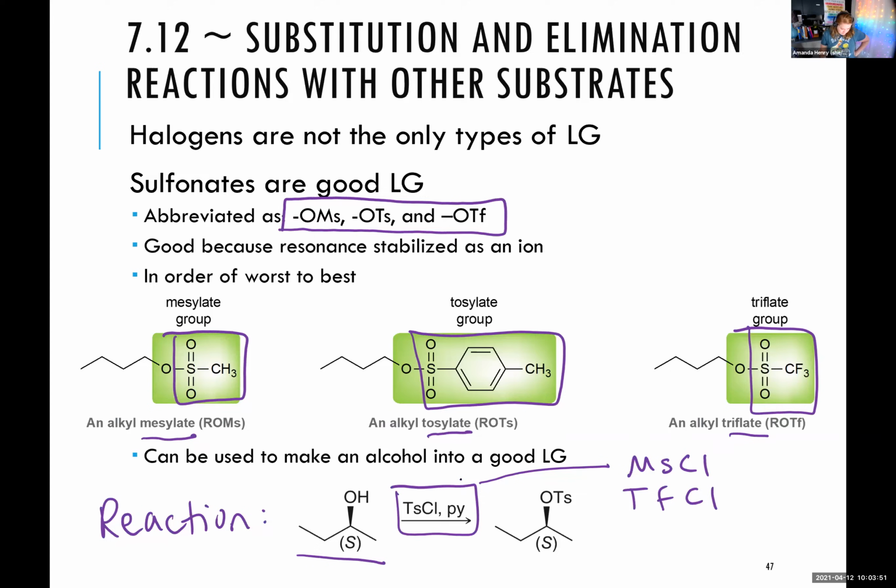PY is pyridine. I'm not sure if we've talked about pyridine yet. Pyridine's a pretty common solvent. It's definitely one that we will see pop up every now and then. But it can also act as a base.